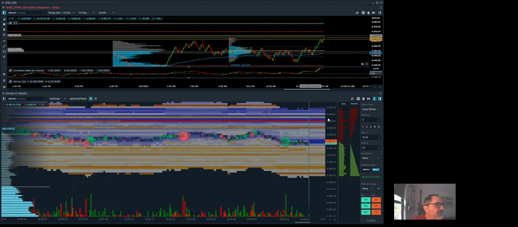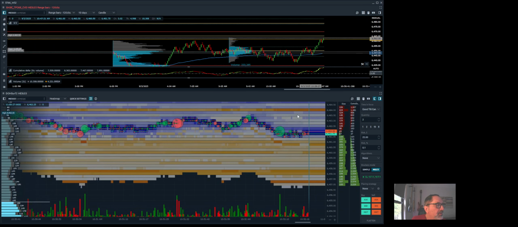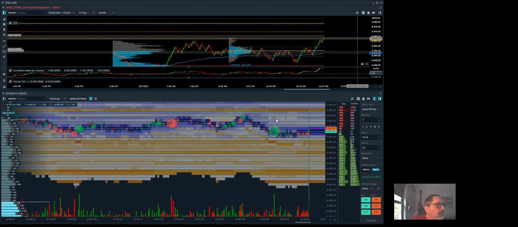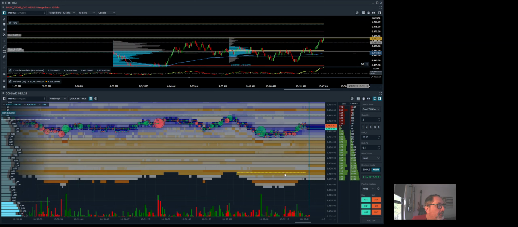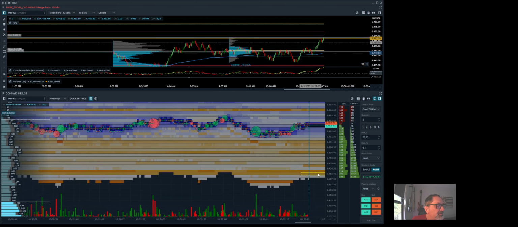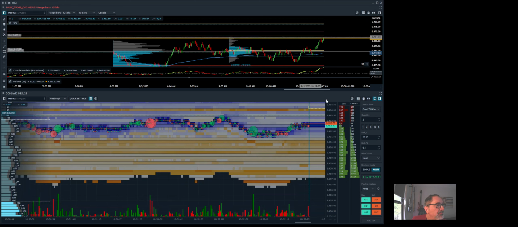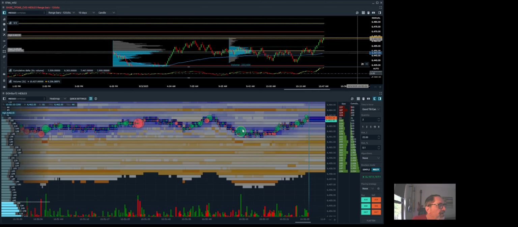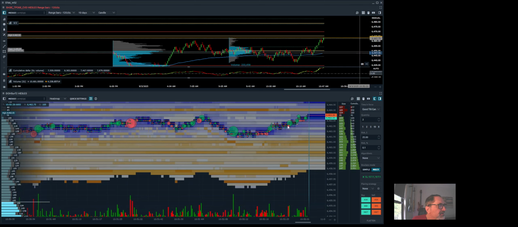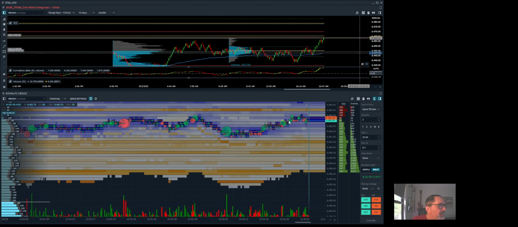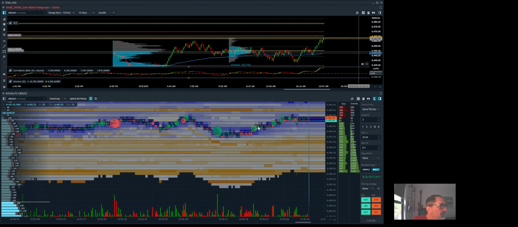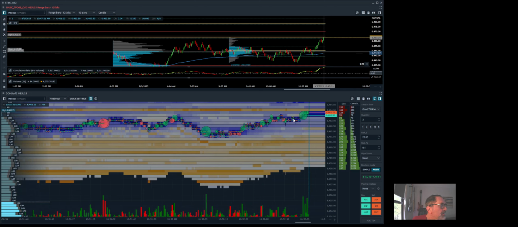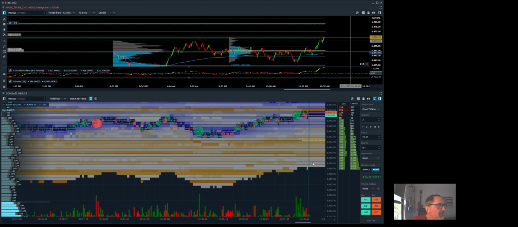Those of you who are familiar with the heat map, you have your bids and offers here, and then here's your cells, your buys and your sells inside here. This is pretty much the footprint. These orders are liquidities, your bids and offers.